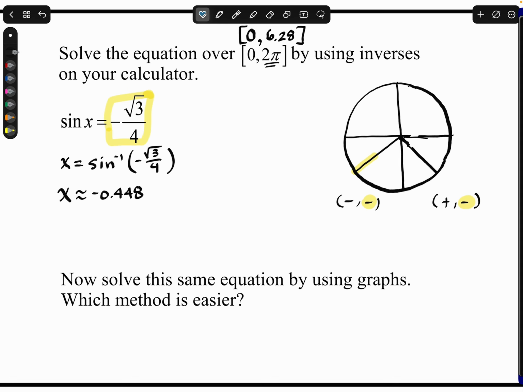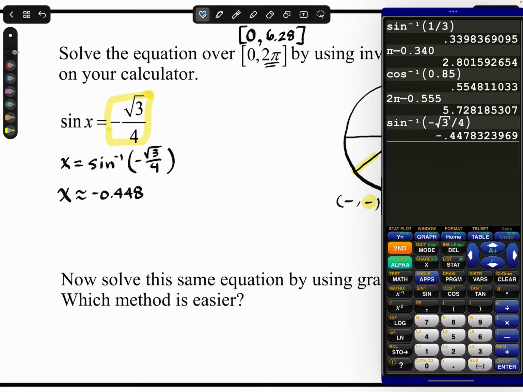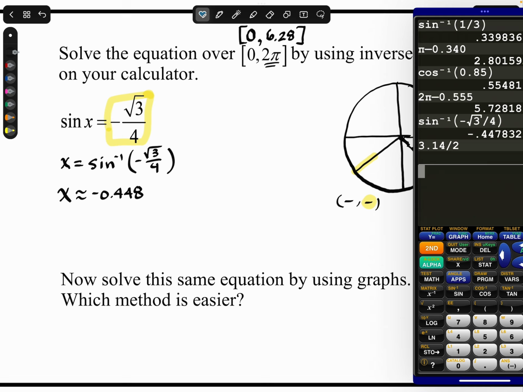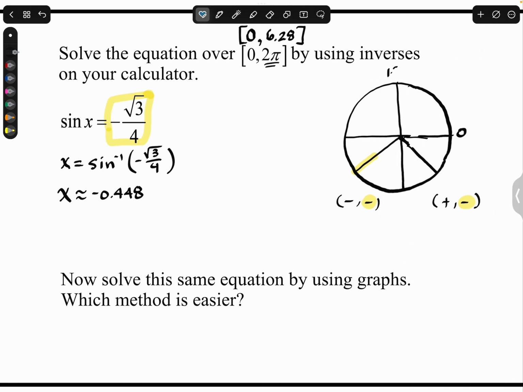Okay, so wait a minute. Let's think about that for a second. Our angle is negative, right? Normally when we start here, we start at 0. And if we went up here, this would be pi over 2. What is half of pi? 3.14 divided by 2, so this is normally about 1.57 radians, or pi over 2.